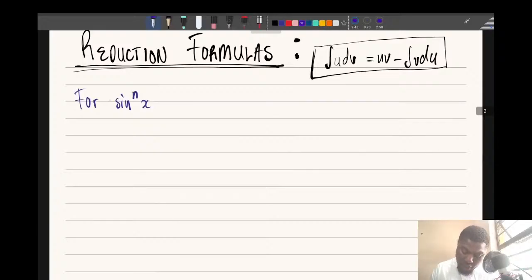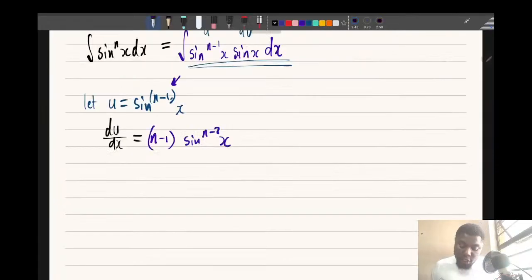You want to differentiate, so you drop the power, n minus 1, and you reduce it by 1, it becomes sine to the n minus 2 of x. Then you have your du. You drop the power, which was n minus 1, and you reduce the power by 1, and the power is n minus 2.